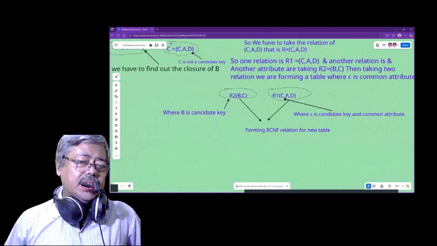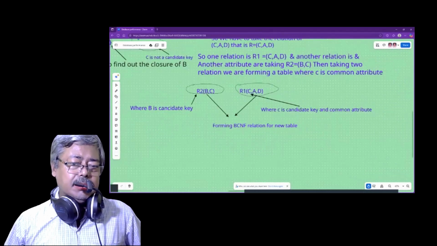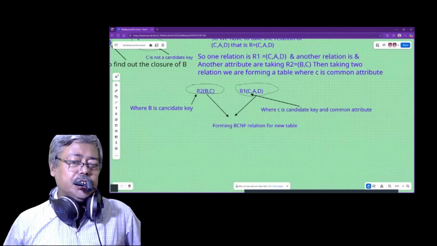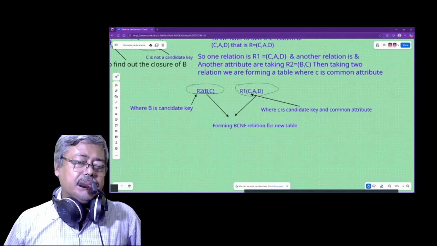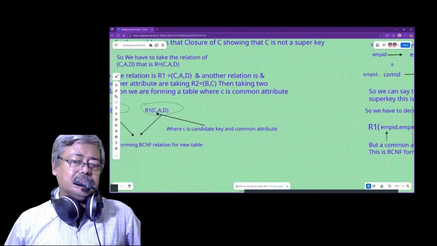So with the super key, the common attributes are adjusted and relation R2 is formed, and another relation R1 with CAD. So the two relations R2 (B, C) and R1 (C, A, D) are the final relations of BCNF for the new table formation.